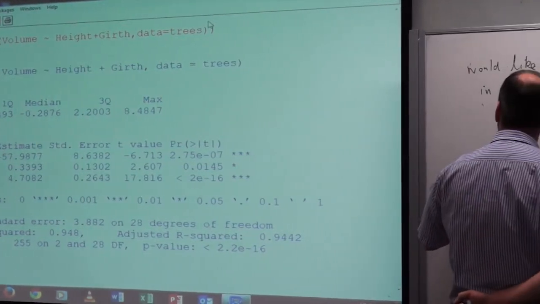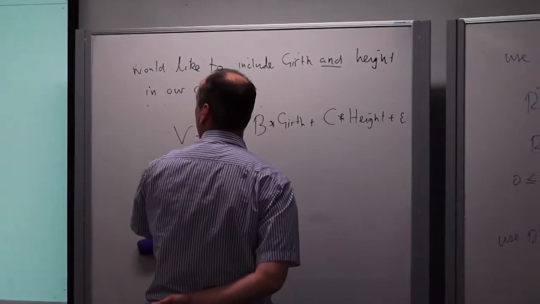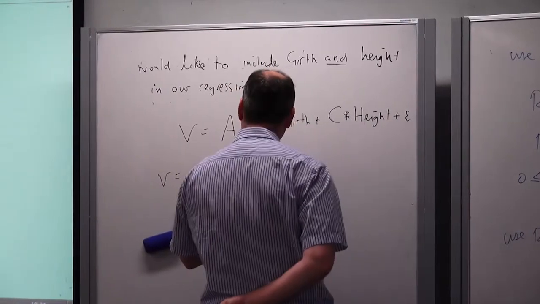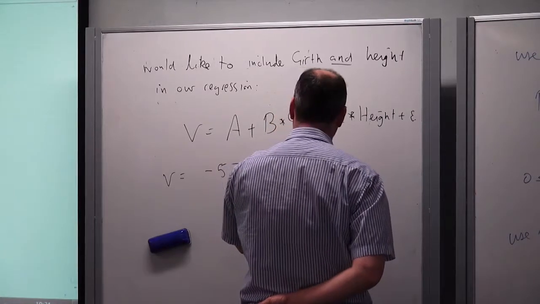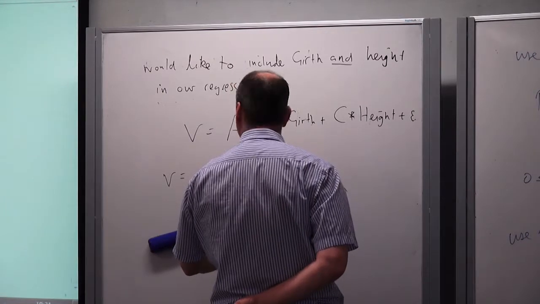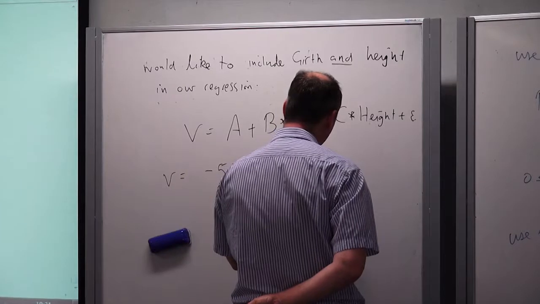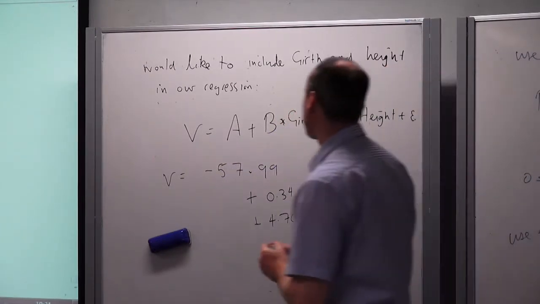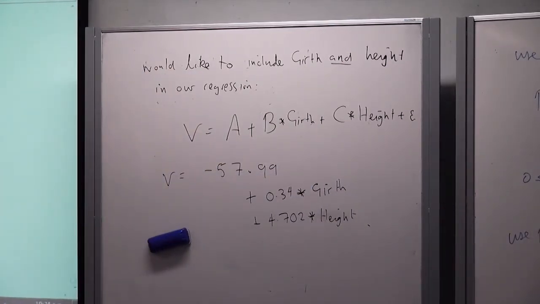So now V equals minus 57.99 plus 0.33 times girth, 34 I guess, plus 4.702 times height. All right. With an R squared that's increased from 93% to 94%.